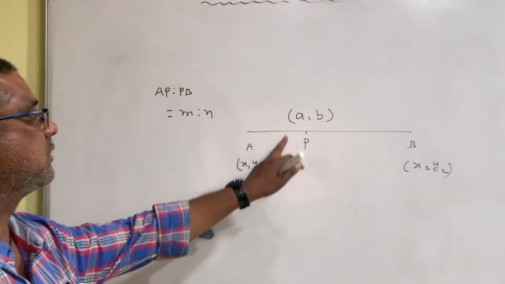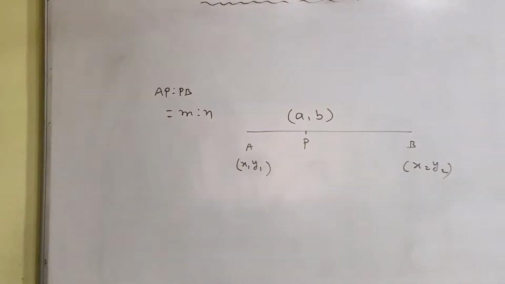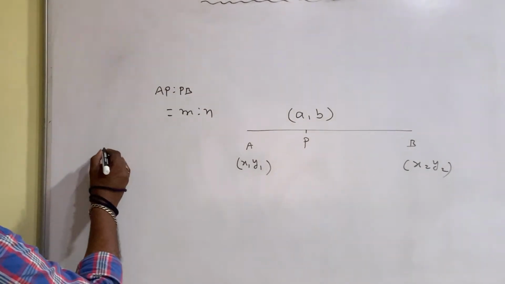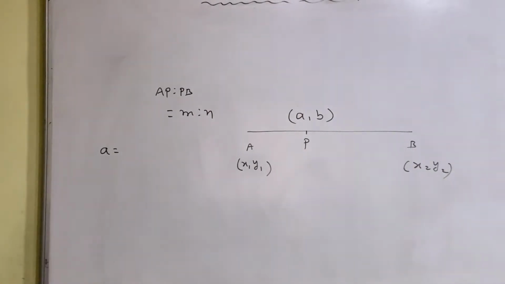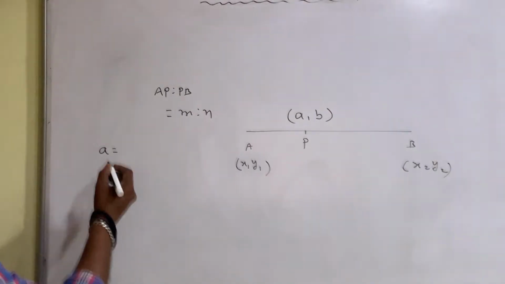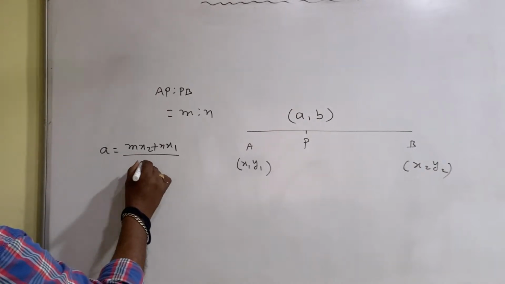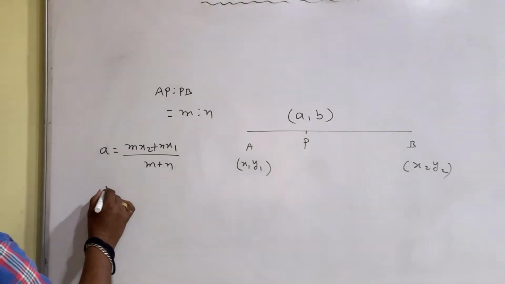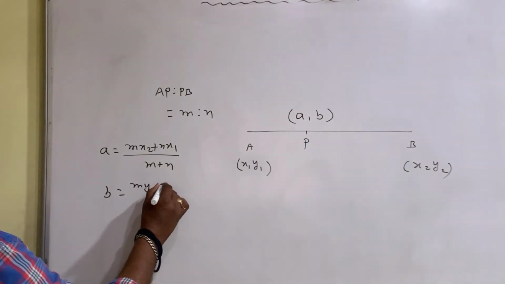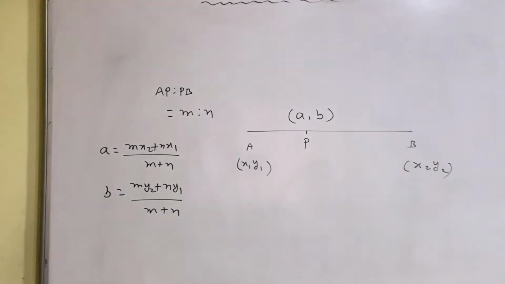We want to find out the coordinates of P. To find out the x coordinate of P, that is A, the formula is mx2 plus nx1 by m plus n, and to find out B, the formula is my2 plus ny1 by m plus n.